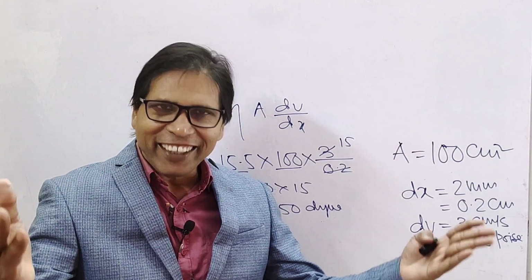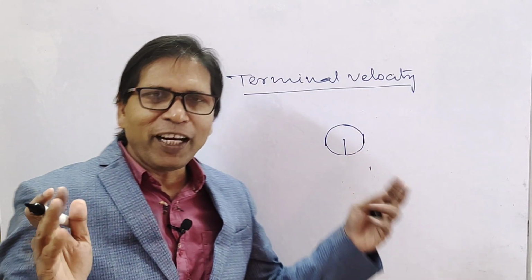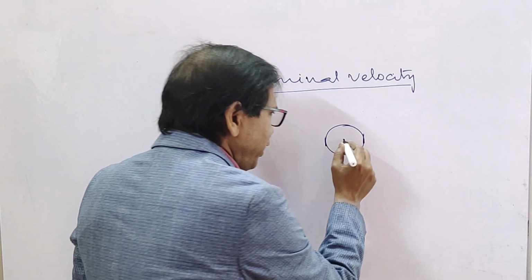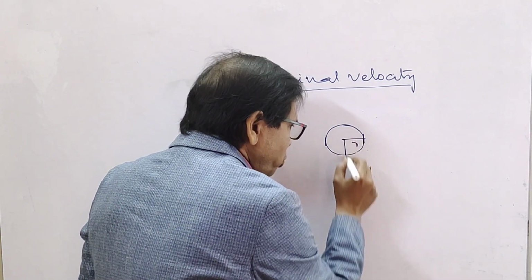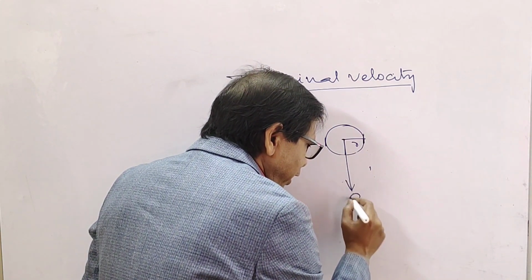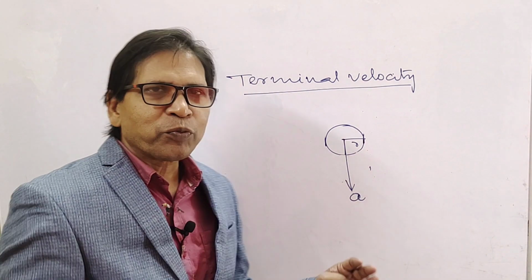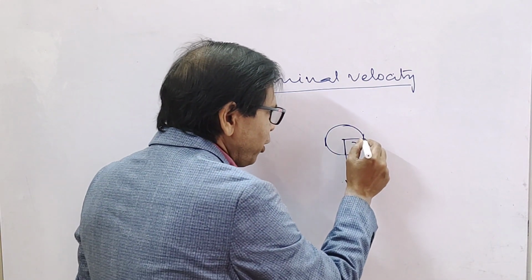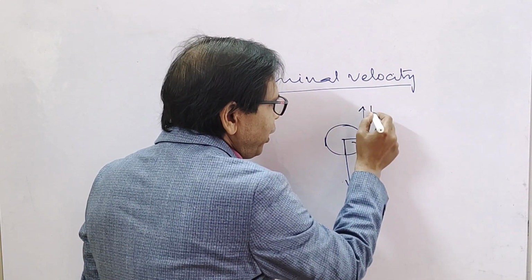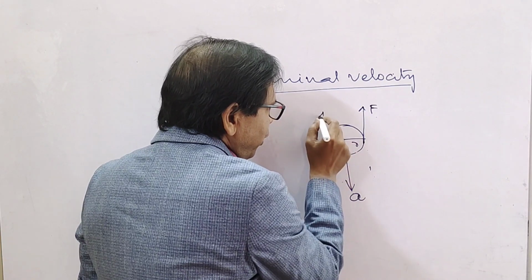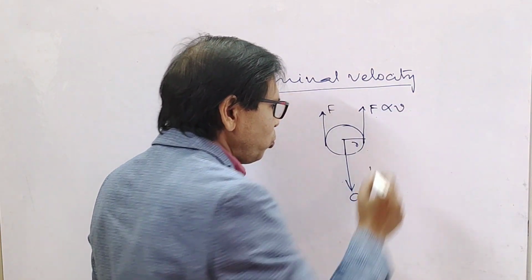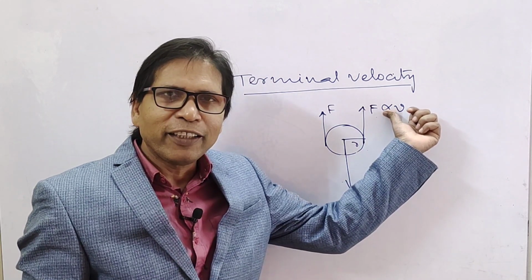Okay, understood? Next, terminal velocity. When a body of radius r moves with constant acceleration along this direction, the viscous force of air acts on it opposite to the direction of motion. This viscous force F is directly proportional to the velocity of the body.